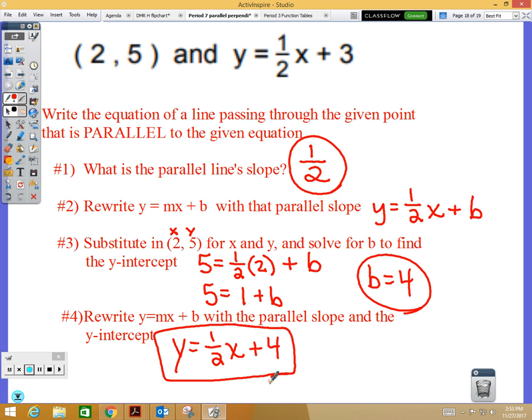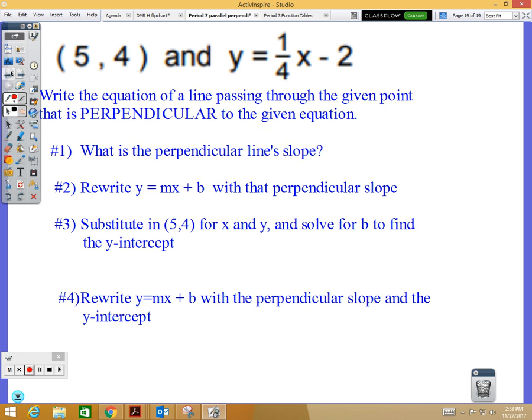So this is only going to apply to a couple of the problems on your assignment. The front side is parallel, the back side is perpendicular, but not all of the equations are given to you in slope-intercept form. Some of them are given to you in other forms. So today I'm going to pick and choose which problems I want you to do. Let's go back to your agenda page.